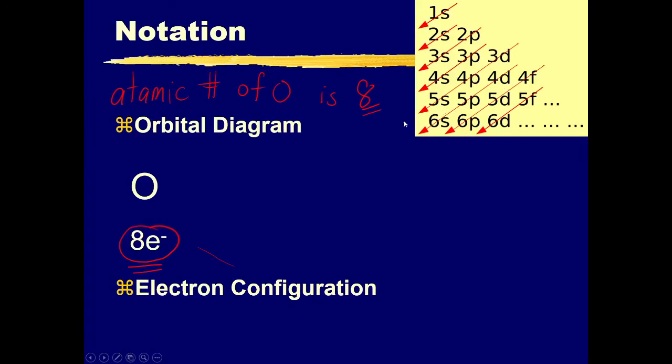Now, you still remember, if you are given the S subshell, how many boxes are you going to draw for the S subshell? You still remember that? If you will be having the S subshell, you will have 1 box. For the P subshell, you will have how many boxes for this?